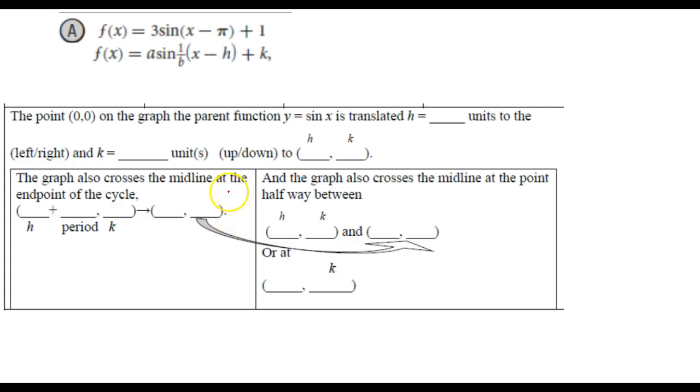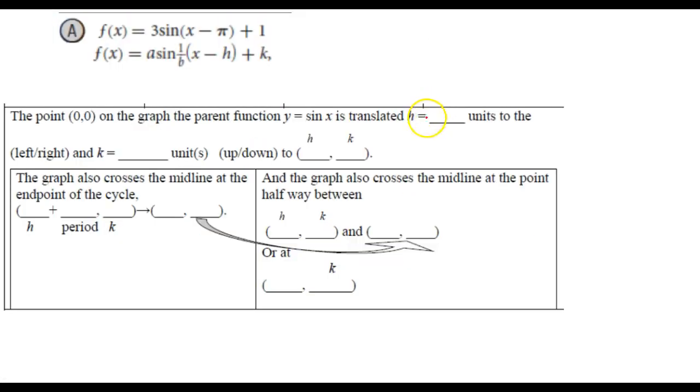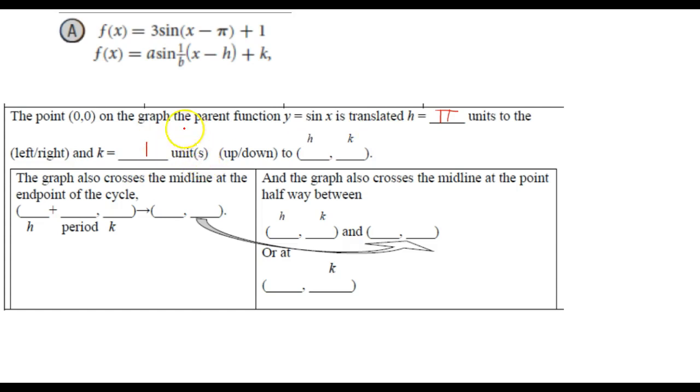Since it is a sine function, the starting point of our parent function is going to be 0, 0. But since it translated by our h value and our k value, I'm going to look back at this. The h value was positive pi, and our k value is a positive 1. That means our graph is going to start, since it is a positive number, do you think we're going to go to the left or to the right?